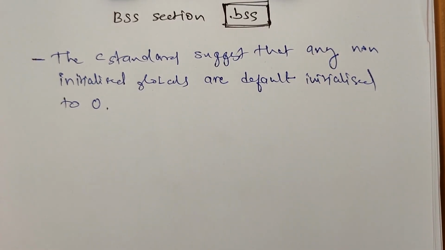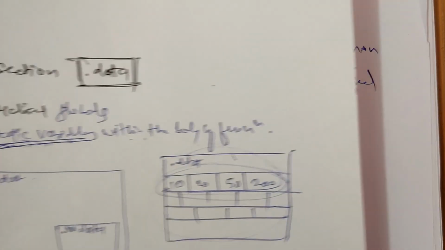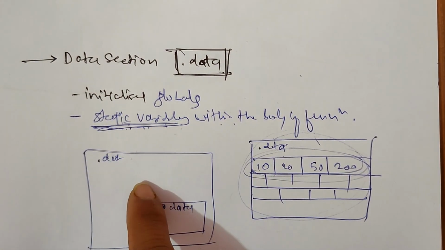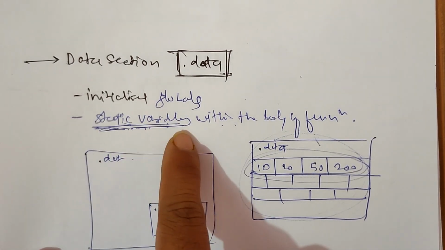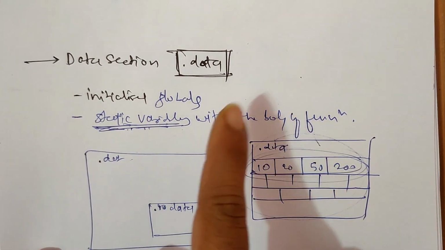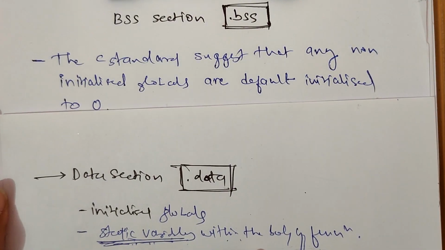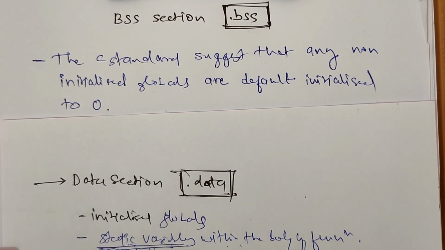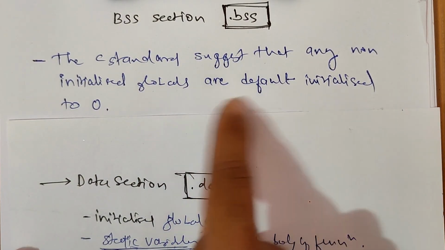So now you are thinking, where should it be placed? Should it be in RAM or ROM? The data section tells us that initialized globals and static variables within the body of a function are placed in the data section. Now I am seeing that these globals are also default initialized to 0.